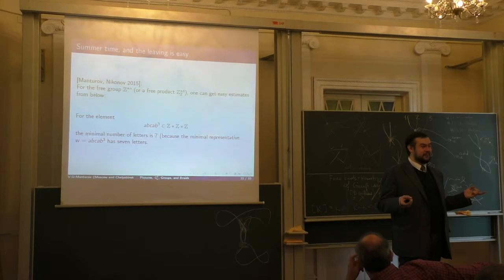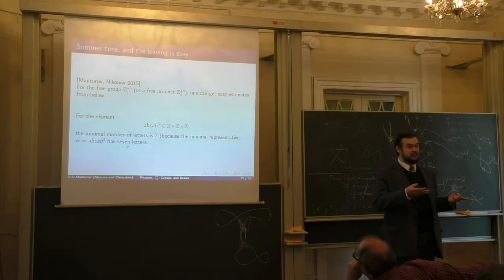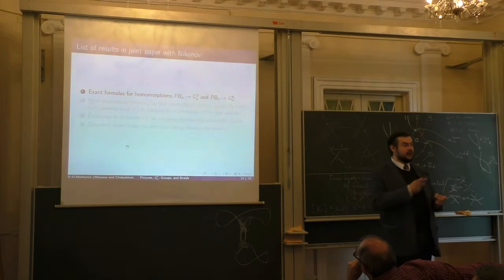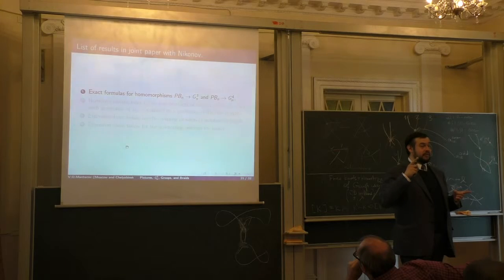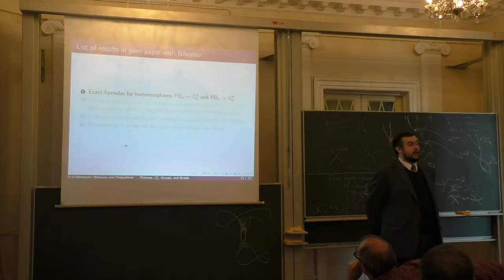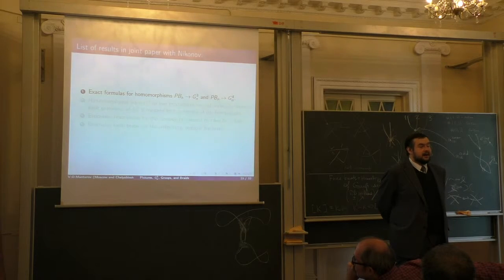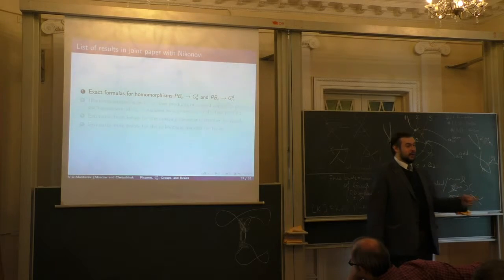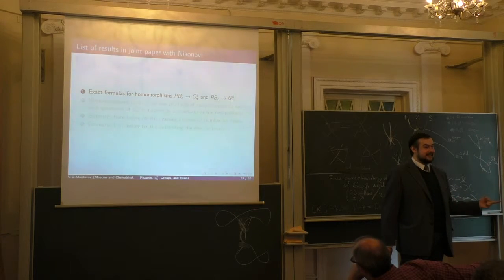Assume, for example, we have some group, and we have a map from a generator of this group to some generator of my group G and to some generator of the free group. Then, of course, the number of generators in the image will give the estimate from below for the number of generators in the pre-image.